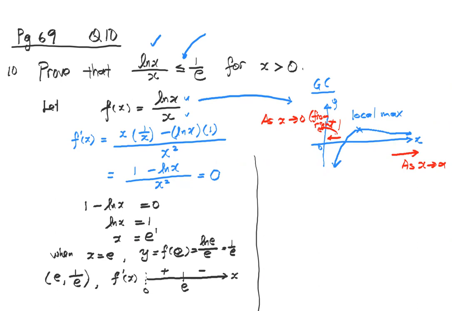So I will write as x approaches infinity. What happened to ln x? It will approach infinity also. But my f(x), which is ln x over x, will approach... So still remember, I told you there is infinity 1, infinity 2. So can someone tell me which infinity is bigger? Number 1.